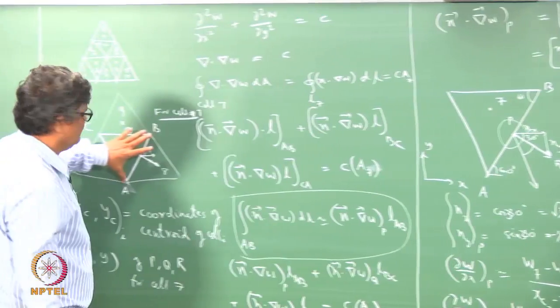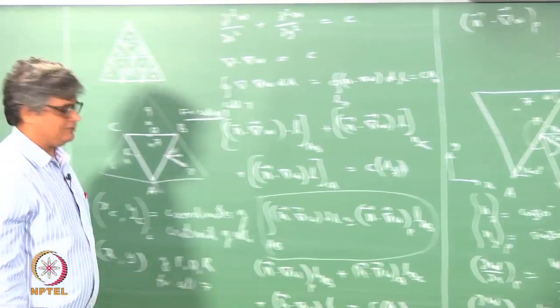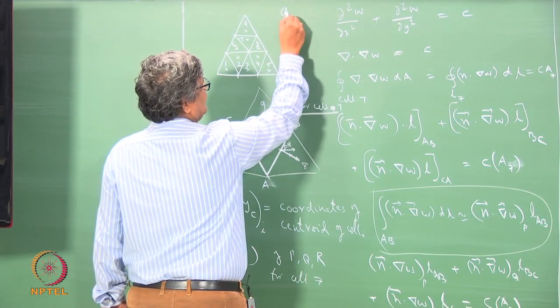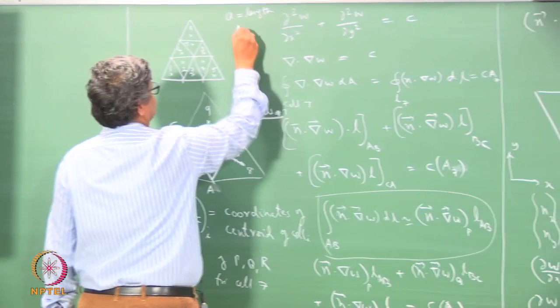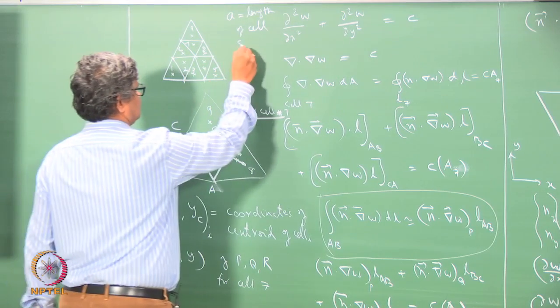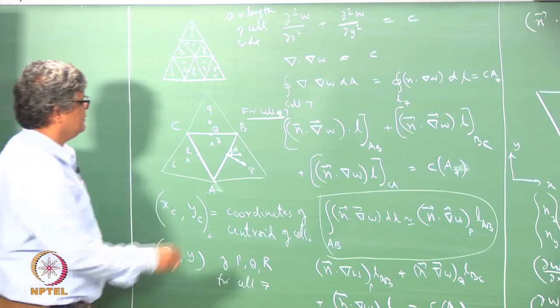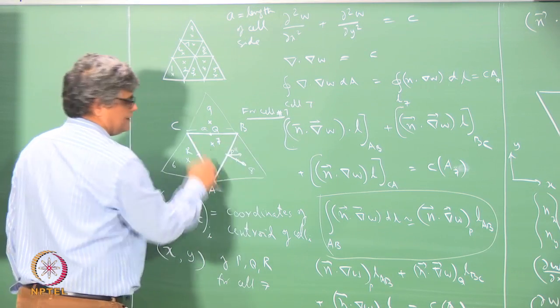and this has to be multiplied by the length here, LAB. Okay. So, we can take small a to be the length of the cell side, okay, because we have chosen an equilateral triangle. This is side length A and A like that.